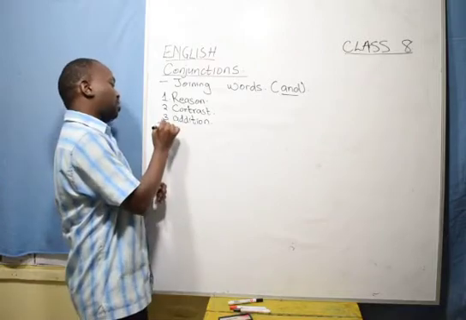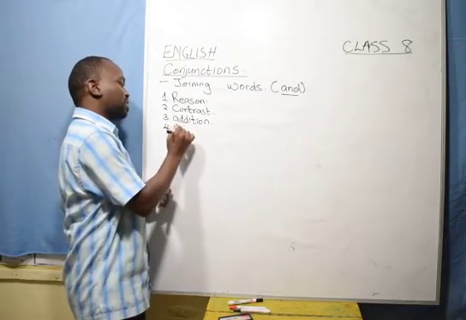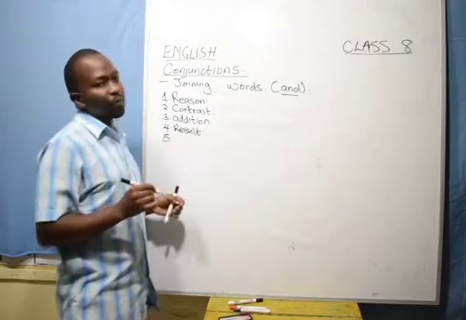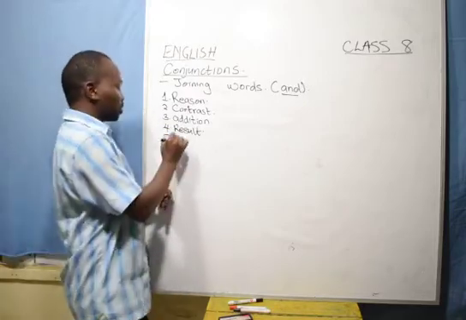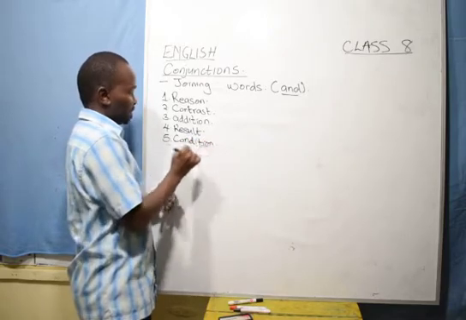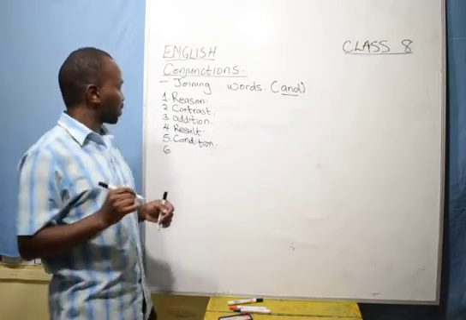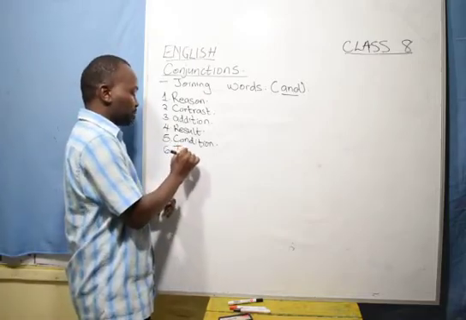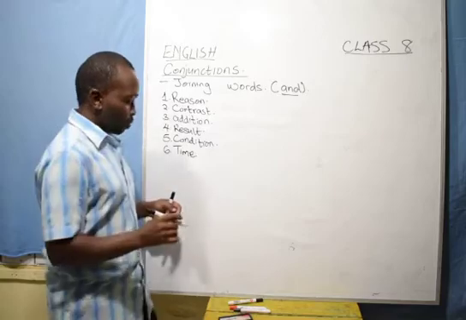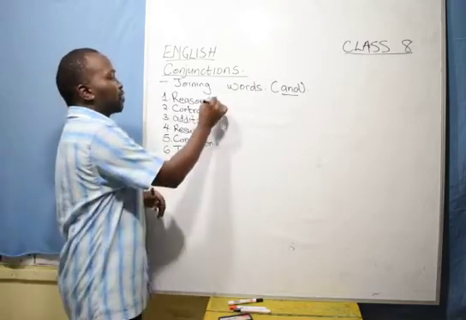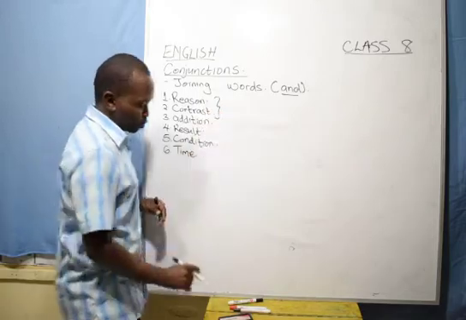Now, we have conjunctions of results as number 4. Number 5, we have conjunctions of condition. And the last category, conjunctions of time. Now, we may not look at all of them together, but we are going to start with the 2 there.